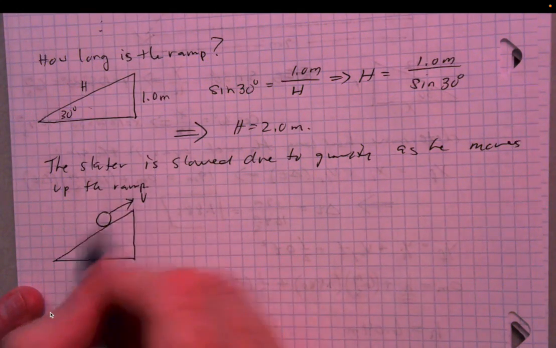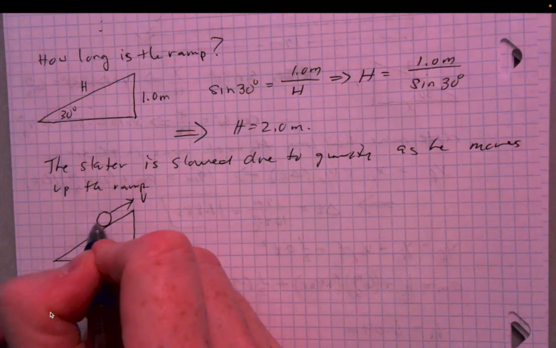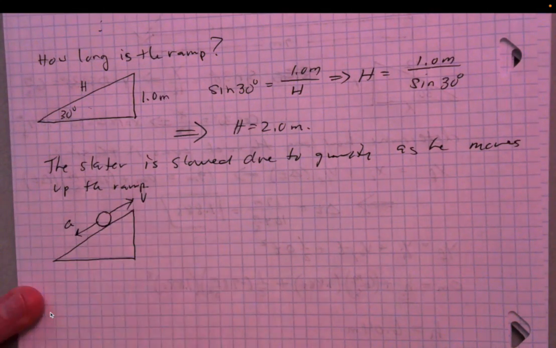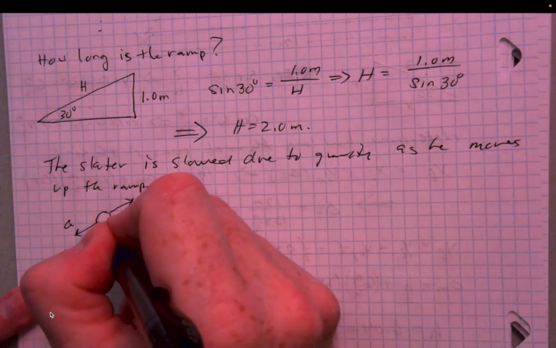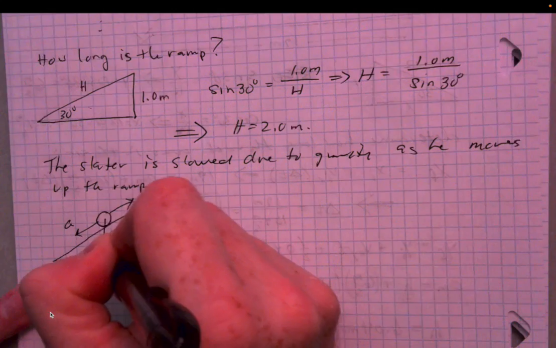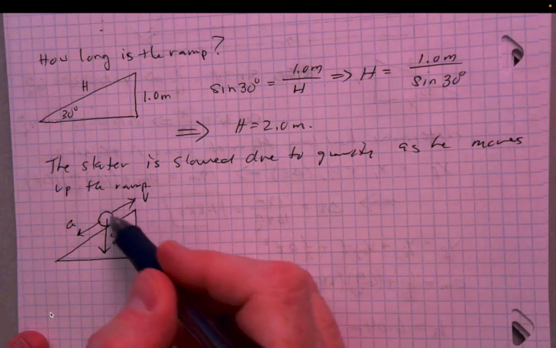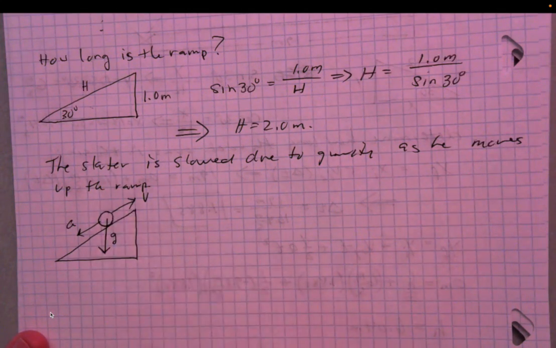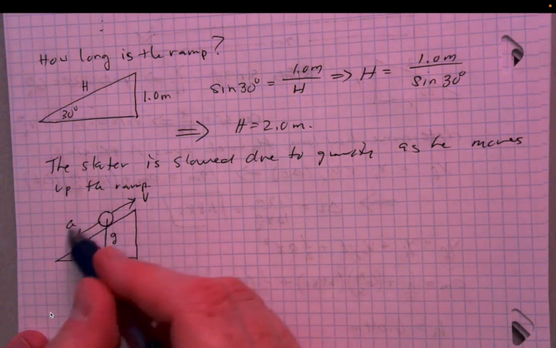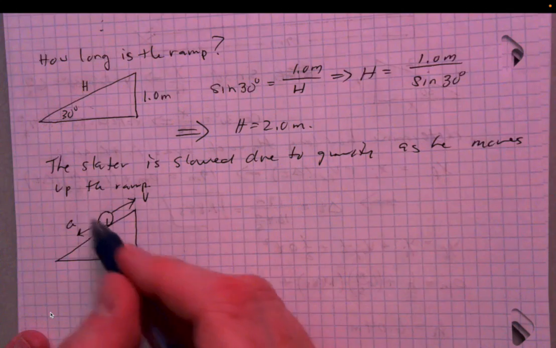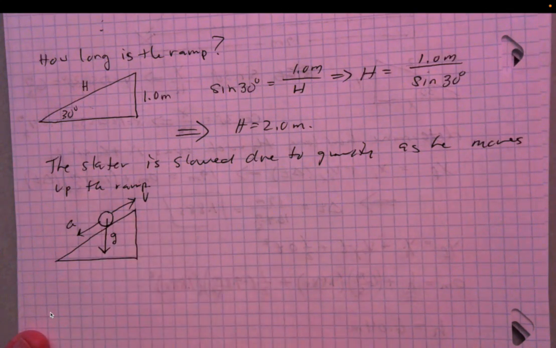The acceleration that's going to counteract the velocity is going to be in the reverse direction. Really, the acceleration is based on gravity, which is going to be pulling straight down here, right? So the acceleration is not going to be minus 9.8 meters per second squared. It's going to be some scaled version of that that's based on the inclination of the ramp.